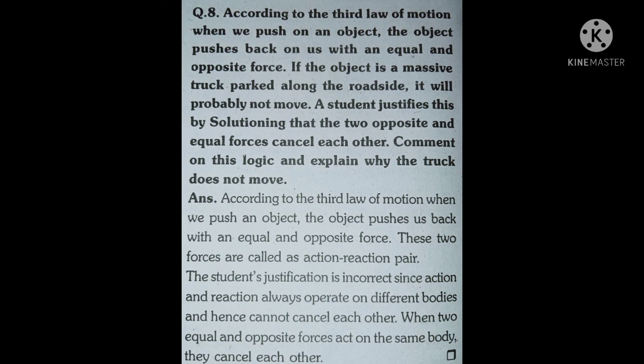Answer, according to the third law of motion, when we push an object, the object pushes us back with an equal and opposite force. These two forces are called an action-reaction pair. The student's justification is incorrect since action and reaction always operate on different bodies and hence cannot cancel each other. When two equal and opposite forces act on the same body, they cancel each other.